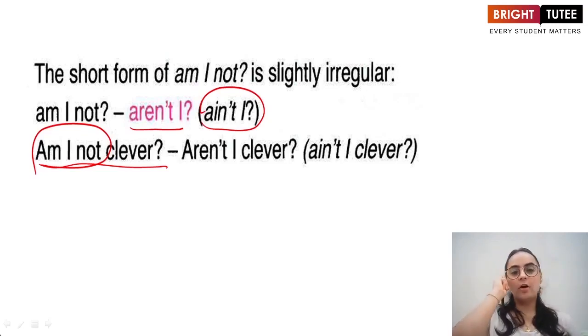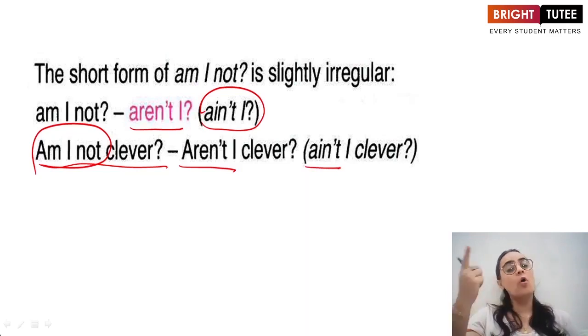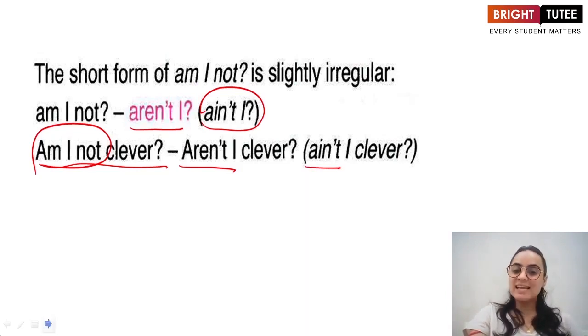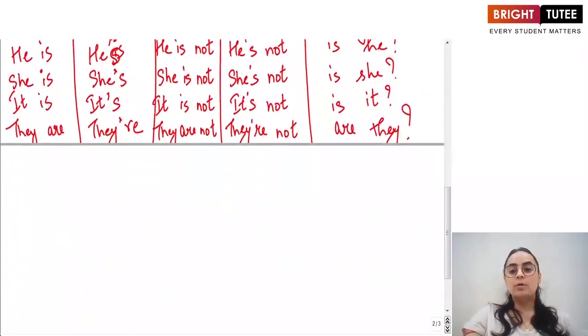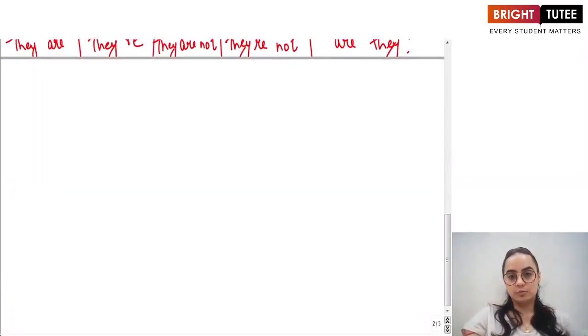The short form of the same will be, aren't I clever? Or, am I not clever? So this is how we can use the verb forms either originally or with their short form. Just like be, we have the different forms of the verb have also.